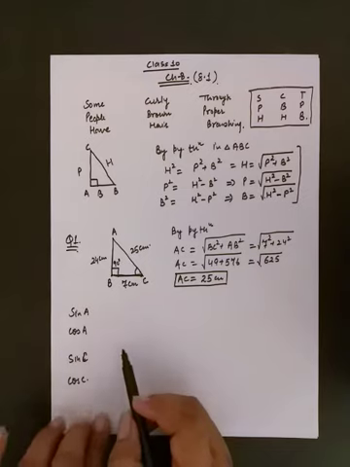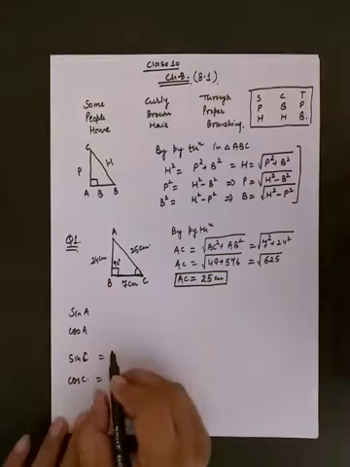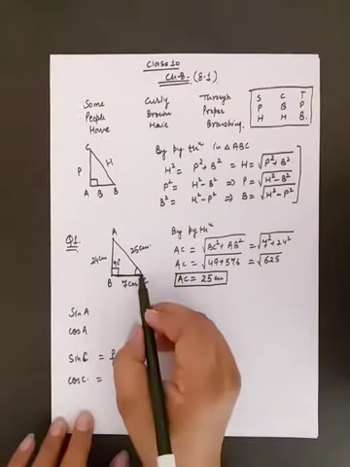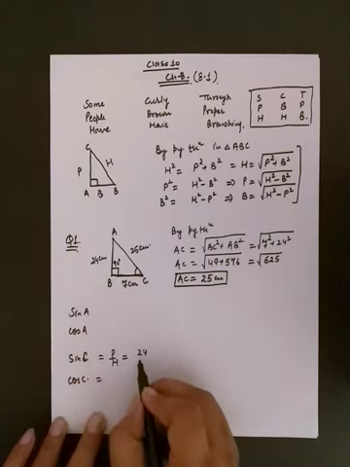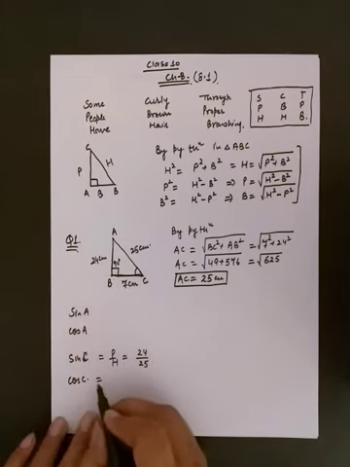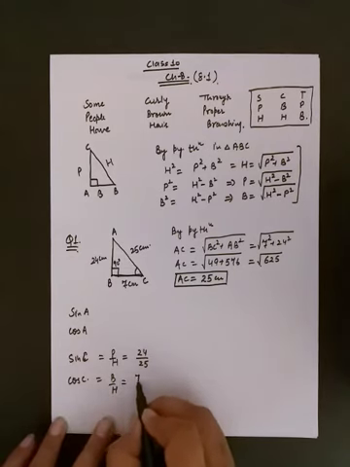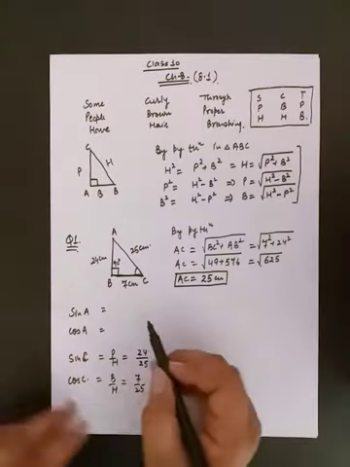Now what we have to do here, we can find the value of sine C, and sine C will be P by H. So in given triangle P means perpendicular is 24 and hypotenuse is 25, and for cos C B by H, and it will be 7 by 25. So what we have to do for sine A and cos A?